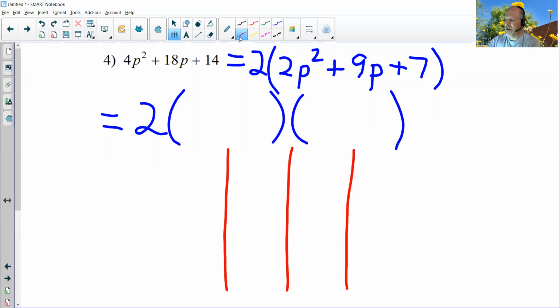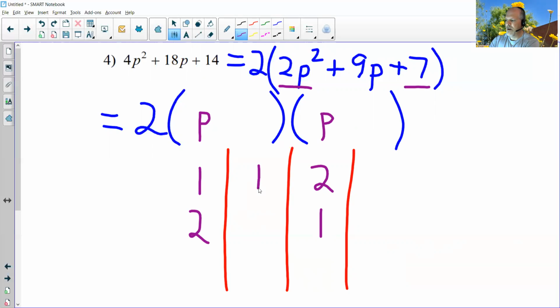So let's start putting in our possible factors. Since I need first times first to equal 2p squared, I know there will be a p here and a p here, and we will put a number in front of the p's. That number could be either 1 times 2 or 2 times 1. For last times last, it must multiply to give you 7.